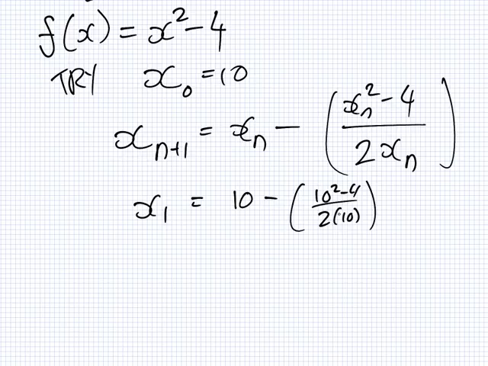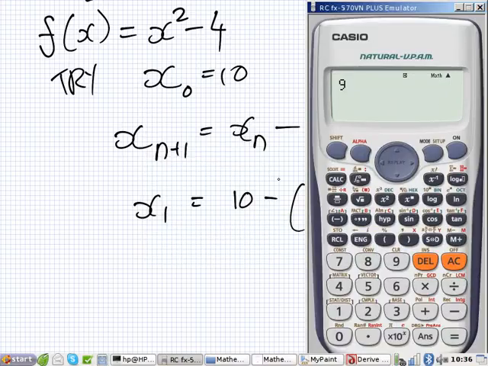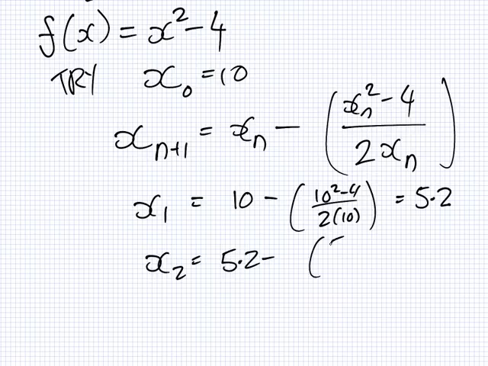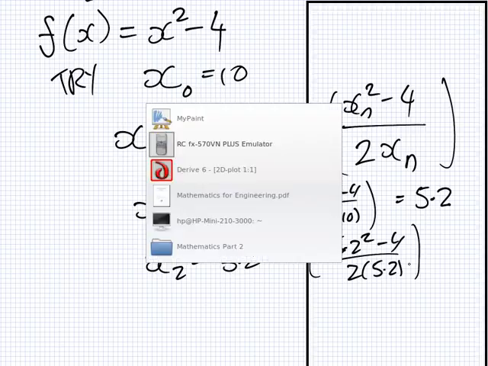We'll just use the calculator. 96 divided by 2 is, and divided by 10 is 4.8. 10 minus that, and you get 5.2. So that equals 5.2. Let's try using 5.2 now. So you put 5.2 in, you get 5.2 minus 5.2 squared minus 4 over twice 5.2.